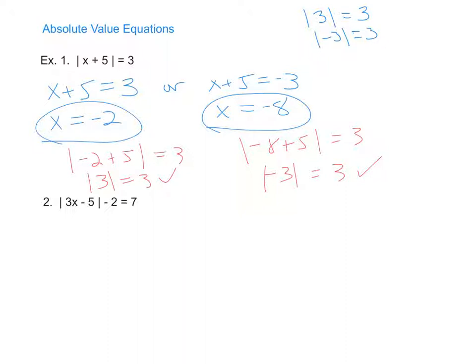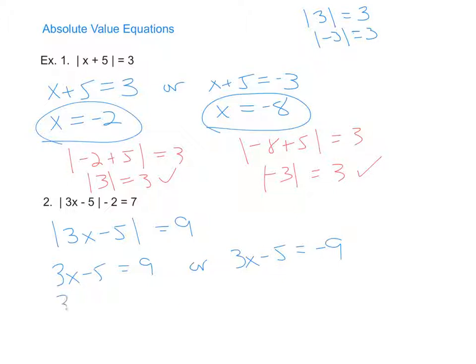So you'll notice that in this first example, I had the absolute value of something equals a number. In the second example, I have the absolute value of 3x minus 5. Then I have this minus 2 equals a number. So what's my first step? I'm going to make it look like that first example. So I'm going to have the absolute value of 3x minus 5 equals, by adding 2 to both sides, 9. So now that 3x minus 5 has to either equal 9 or it has to equal negative 9 to make that a true equation.